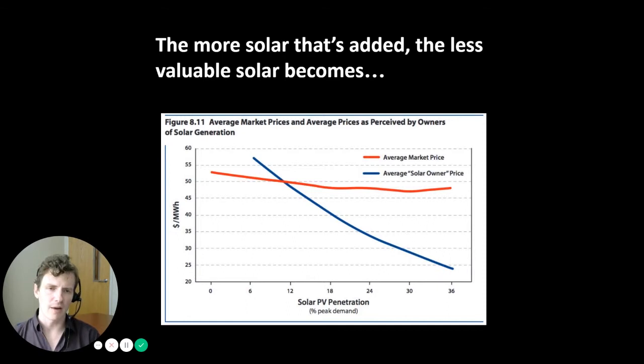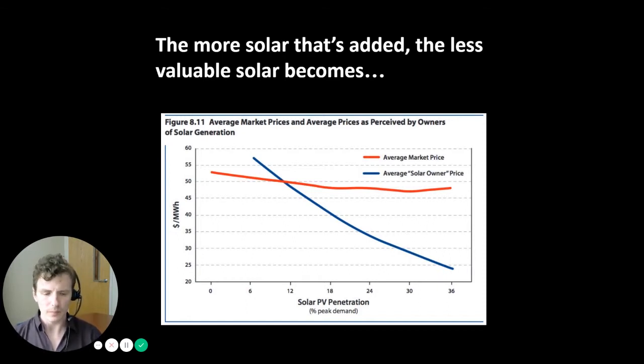And so that's the average market price over the entire day. The blue represents the average electricity price experienced by solar farms as a function of solar PV penetration. And so what we see is that disproportionately adding solar to the grid decreases the price for solar providers, not necessarily other participants in the market.